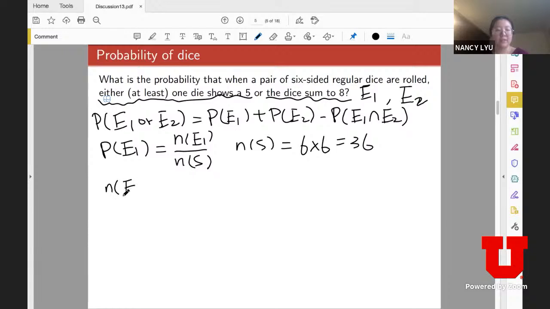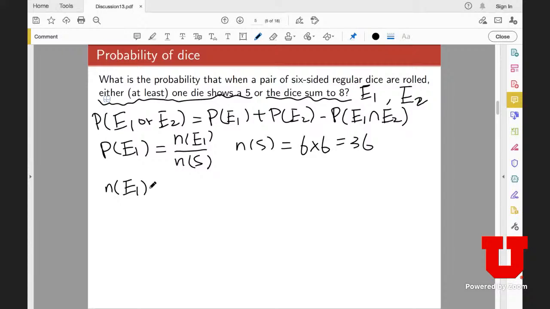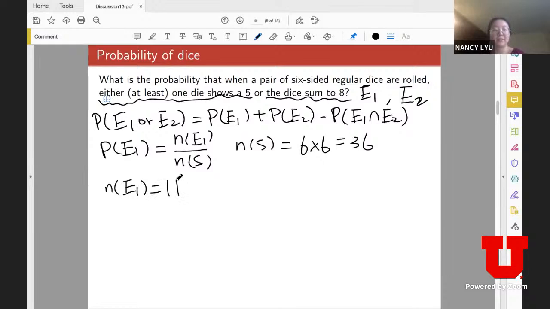And what are the outcomes where at least one die shows a 5? Well, there would be 10 with at least one, but since we're minusing that later, wouldn't it be 11? Since we're minusing the part that's the intersection. Yep. So that equals 11.